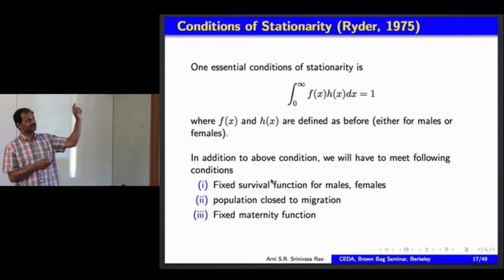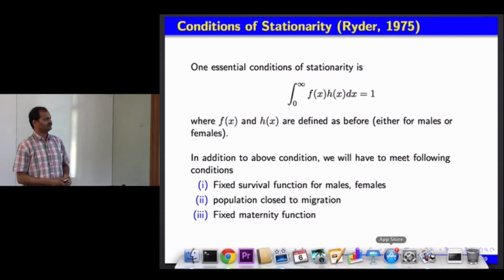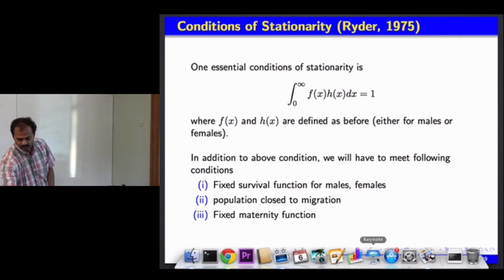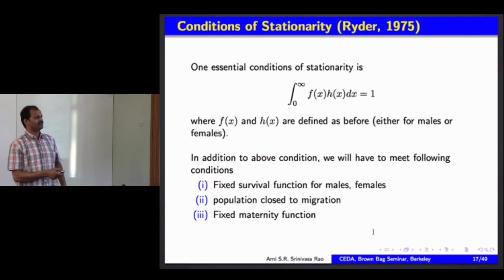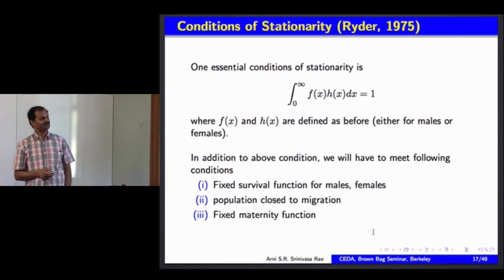In addition to this condition, Ryder says there should be a fixed survival function for males and females, a population closed to migration, and a fixed maternity function. Other than this integral equal to 1, these are the three conditions Ryder wanted to state, in his 1975 article in Population Index.